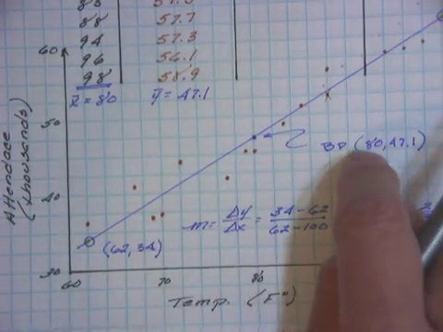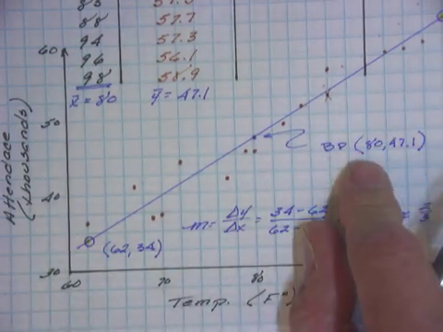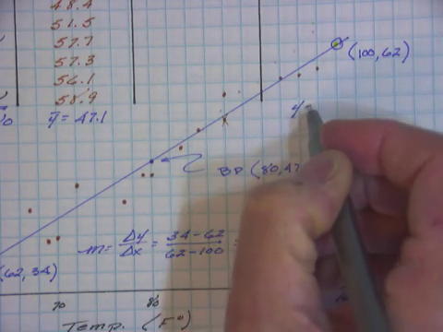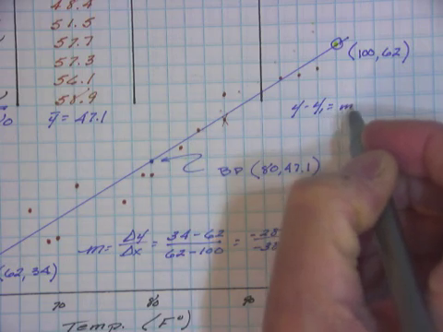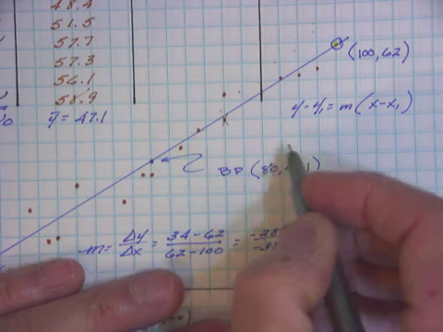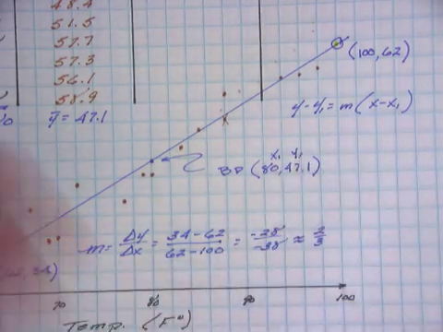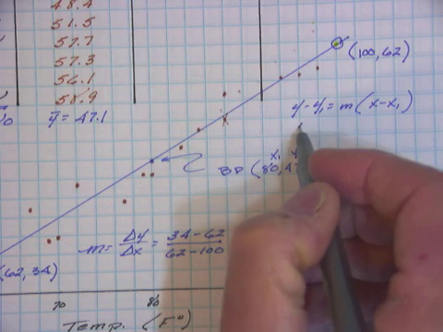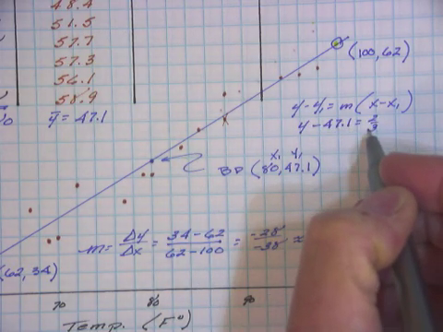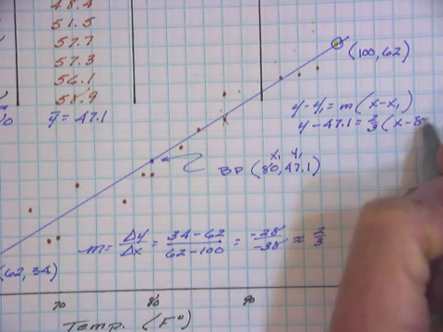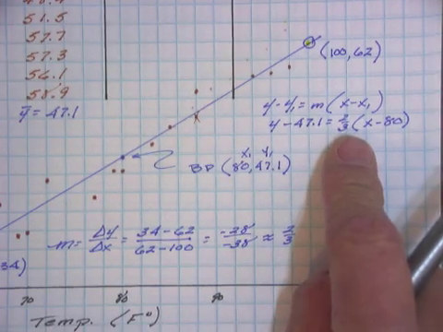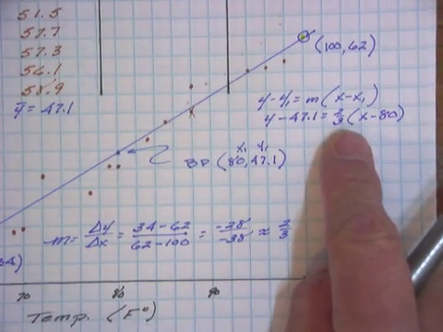Now, I've got the slope, so I need the intercept. I don't want to eyeball the intercept because what I want to do is take advantage of having calculated that balance point. So I'm going to use the point slope form, y minus y sub 1 equals m times x minus x sub 1, and I'm going to use my balance point as x1, y1. Okay, so I've got y minus 47.1 equals 2/3 times x minus 80.